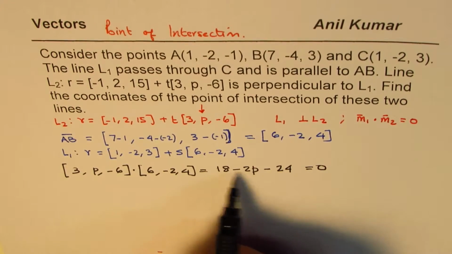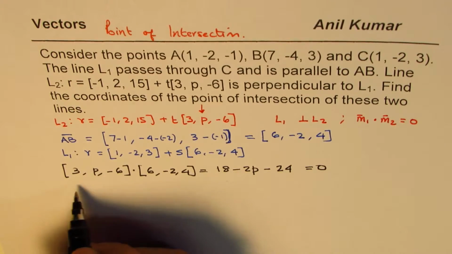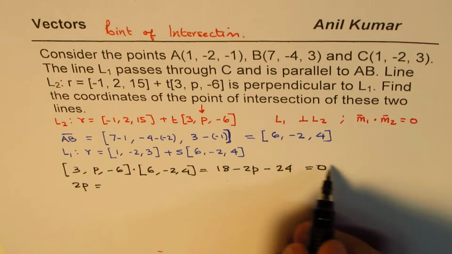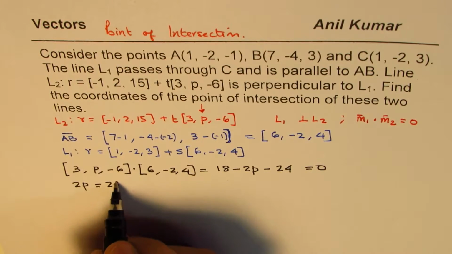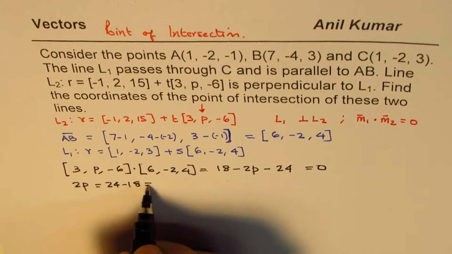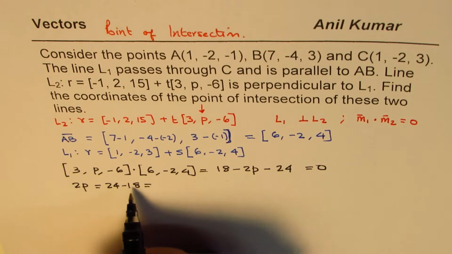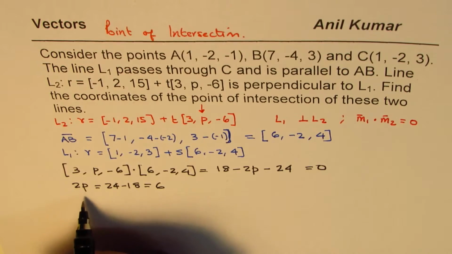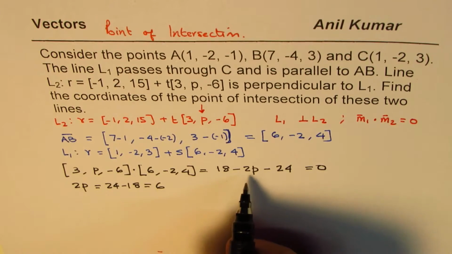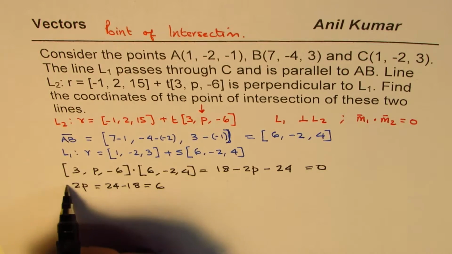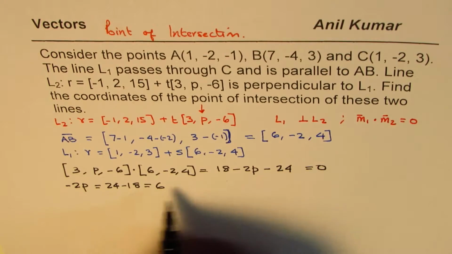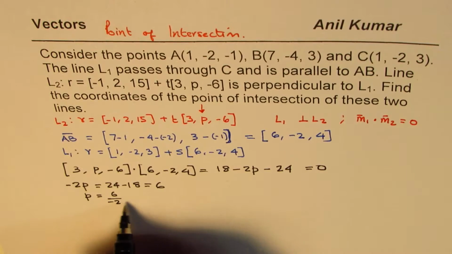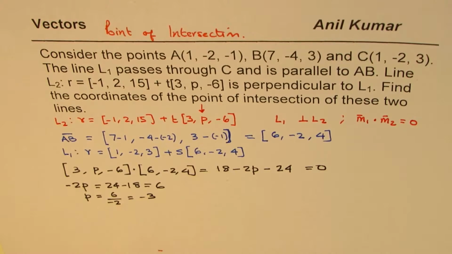So solving this, we could write 2p equals, taking these terms to the other side, 24 minus 18, which is 6. Or p is equal to 6 divided by -2, which is -3.